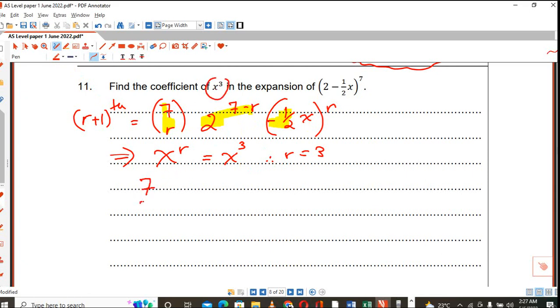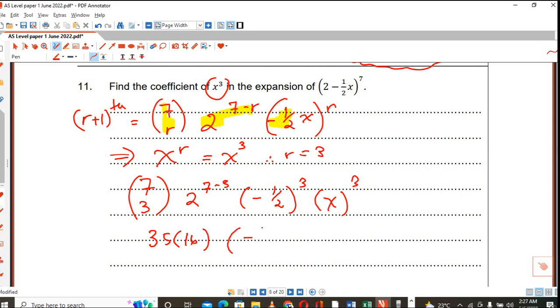And now I have 7 choose 3, and then 2 raised to the power of 7 minus 3, and then I have minus a half raised to the power of 3, and x should also be raised to the power of 3 if I substitute that into my general term. When you work it out, you have 35 times 16 times negative 1 over 8, that is x cubed.